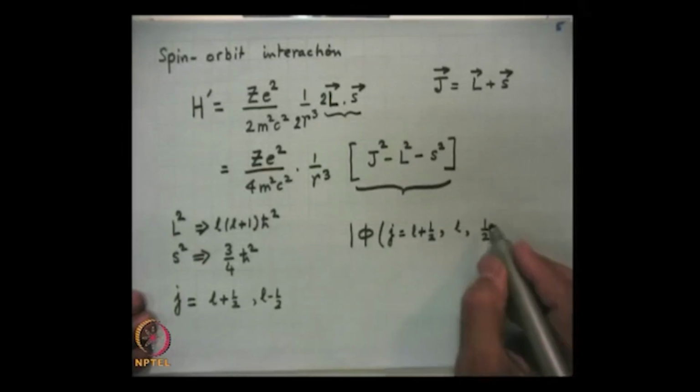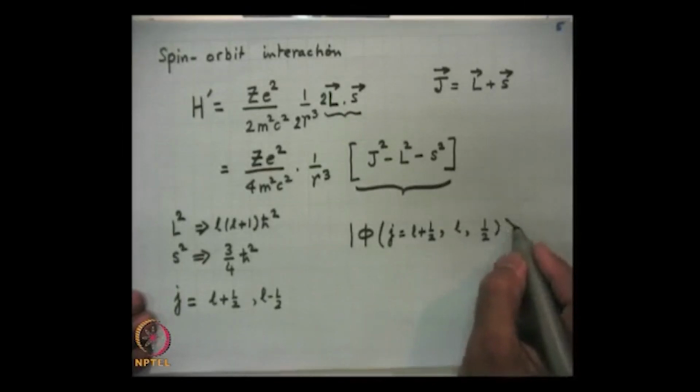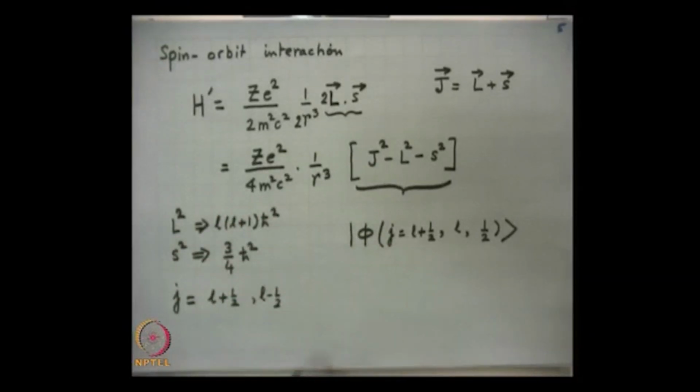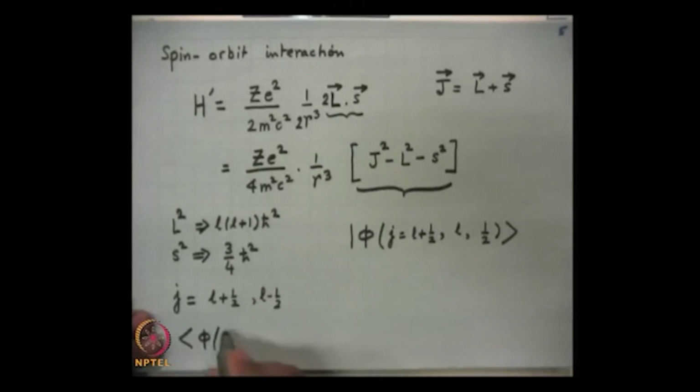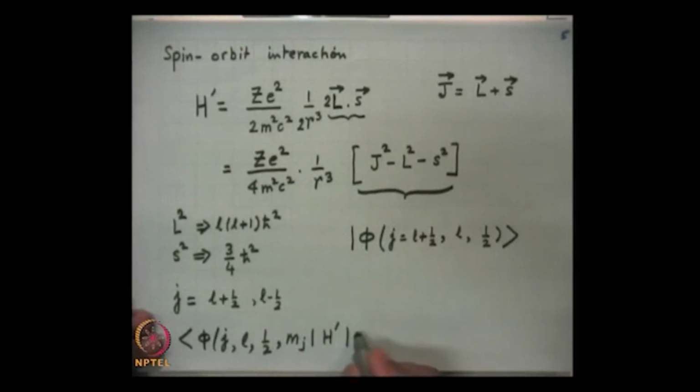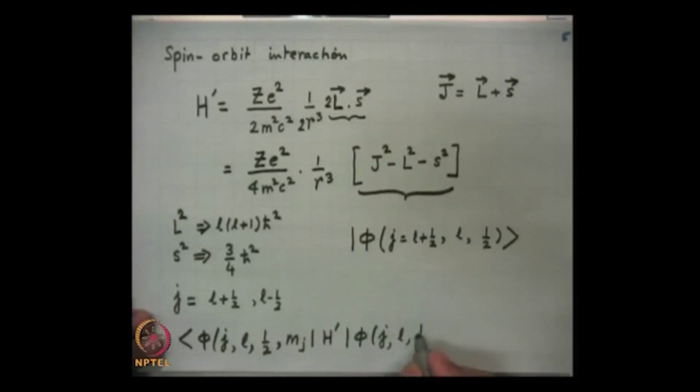Those are the eigenfunctions that we must choose, and we carry out this integration and calculate the matrix element, that is phi with j equal to L plus half, L, half and m j, these wave functions, H prime, and the same wave functions phi j L half m j.